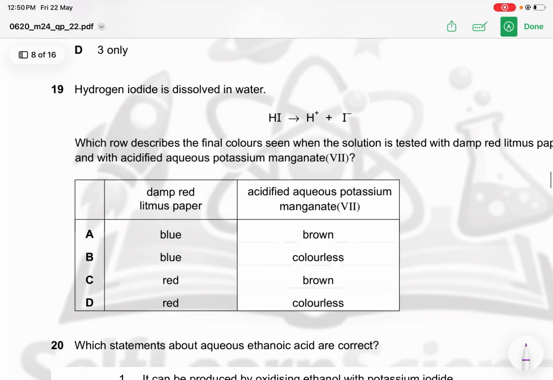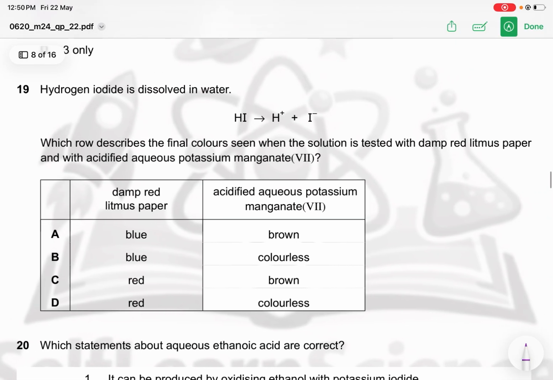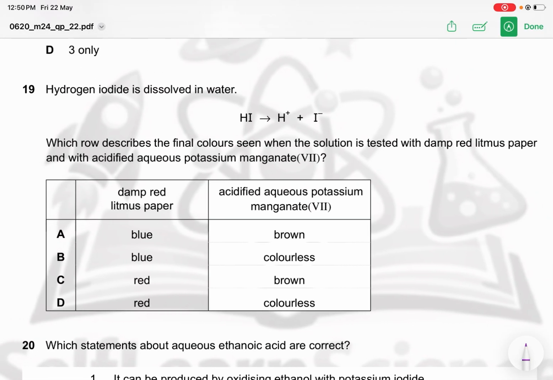Next, hydrogen iodide is dissolved in water. Which row describes the final colors seen when the solution is tested with damp red litmus paper and with acidified potassium manganate? So here, when hydrogen iodide is dissolved in water, it forms H plus and I minus ions.